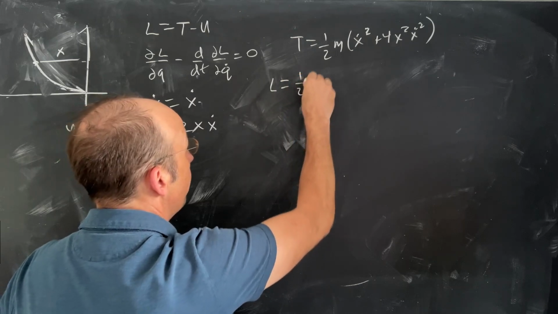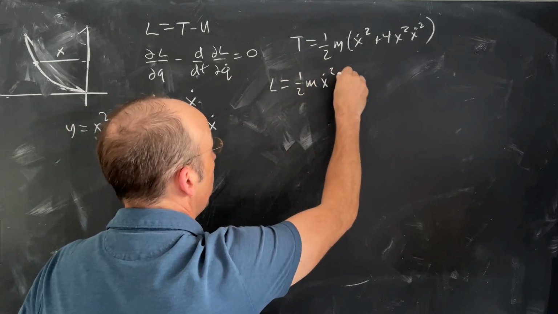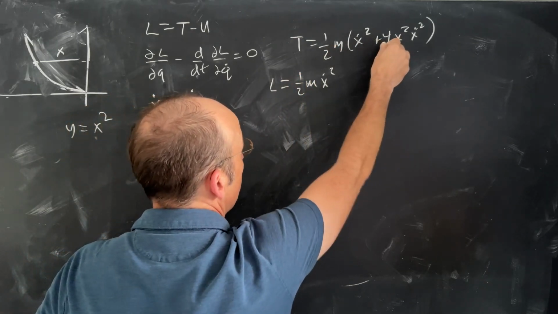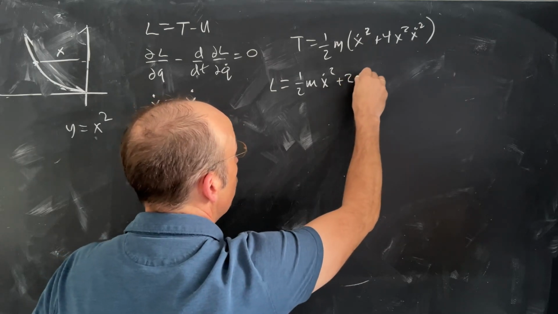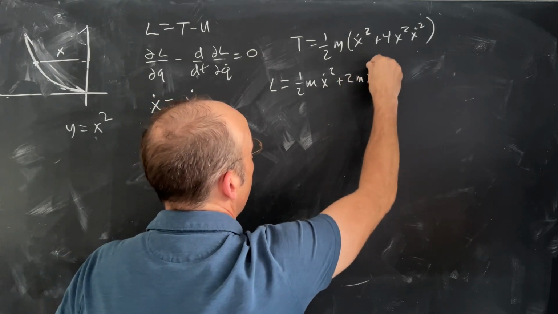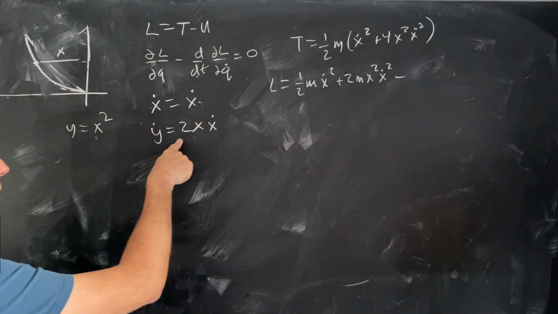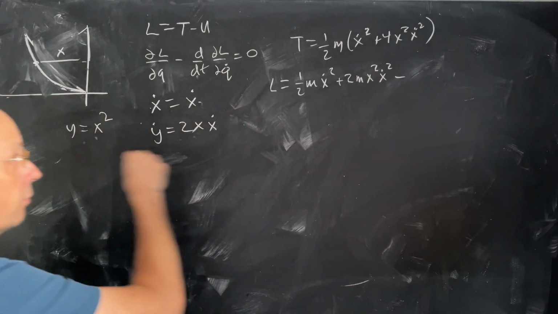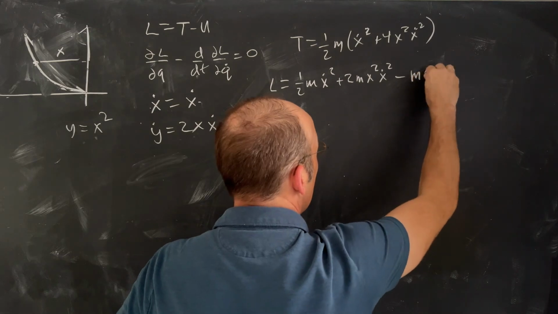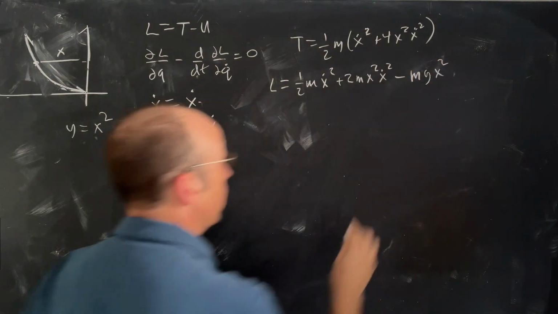L is 1/2 m x dot squared plus, now I have 1/2 m times 4, so plus 2 m x squared x dot squared, minus the potential, which is mgy. So it's going to be minus mg x squared.